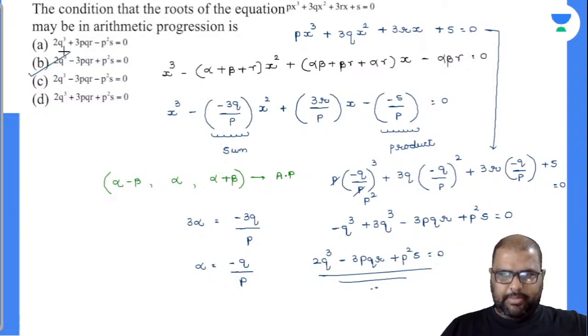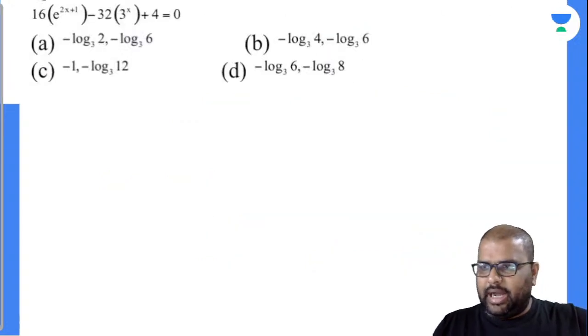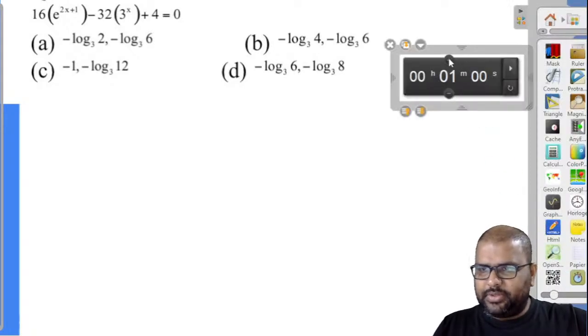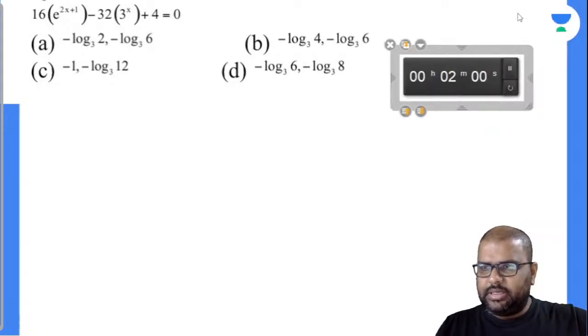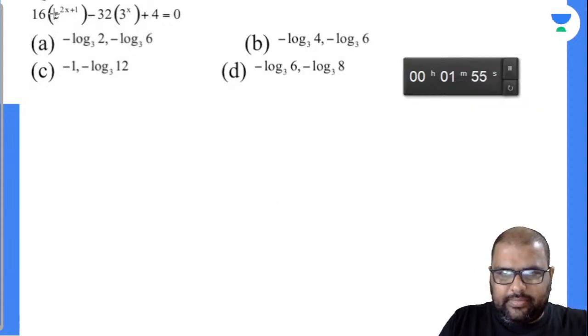Will you do the same question based on geometric progression? Let's see how many can solve this. Before going to that, let's see how many can solve this one. 2 minutes, try this. Now look, this is not E, this is 3.